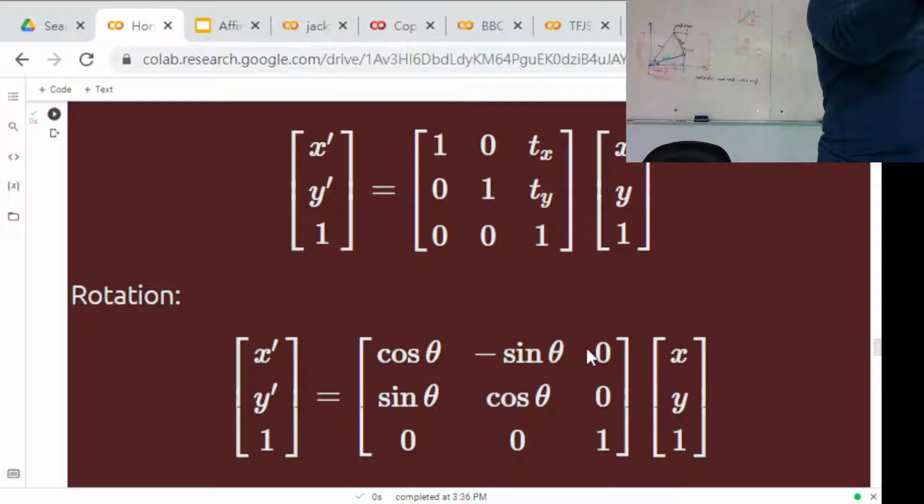And if I rotate the phone, that would also correspond to a 4 by 4 matrix in 3D. So I can do rotation this way, this way or this way.